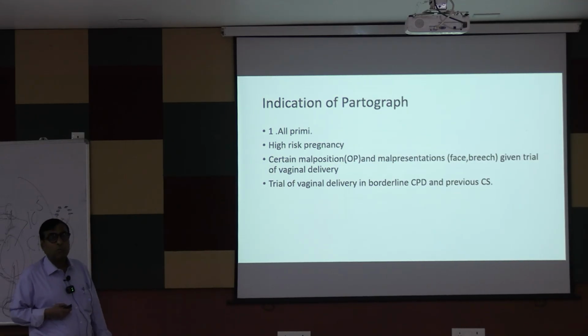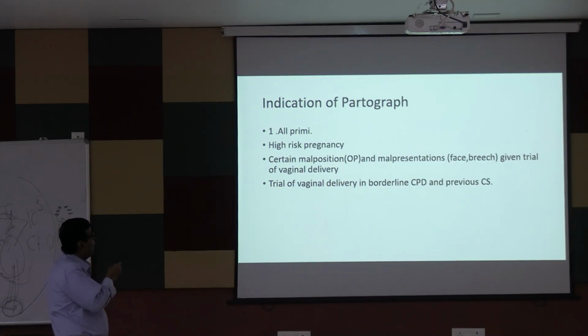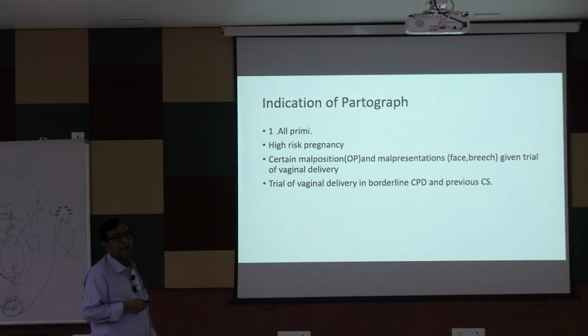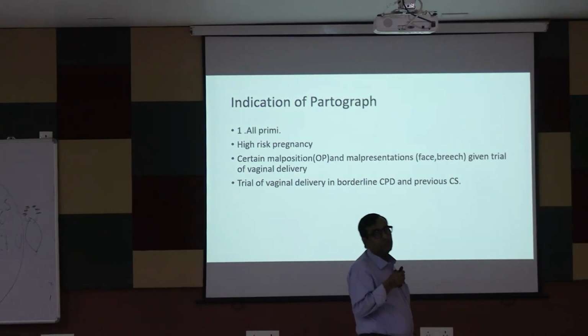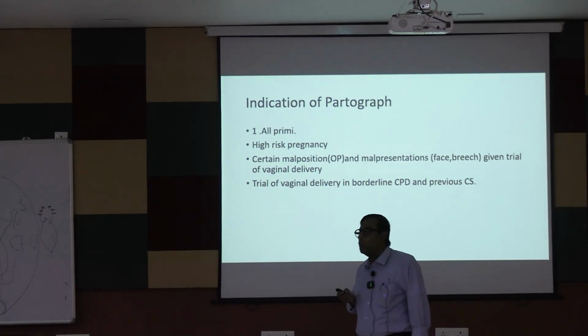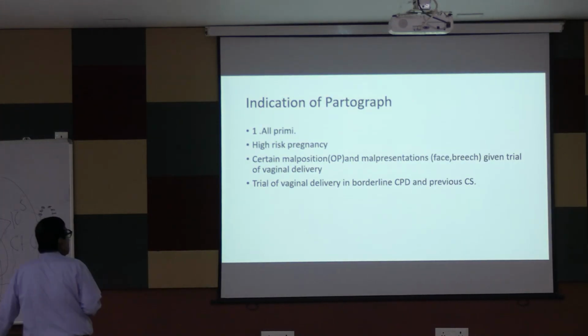In which cases will we do partography? Number 1, all primigravida, all high risk pregnancy, and in certain malpresentations and malpositions: occipito-posterior, face presentation, breech presentation. These are the few malpresentations and positions where partography should be maintained.